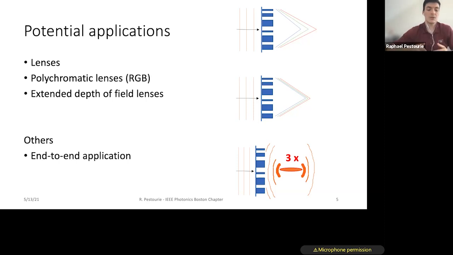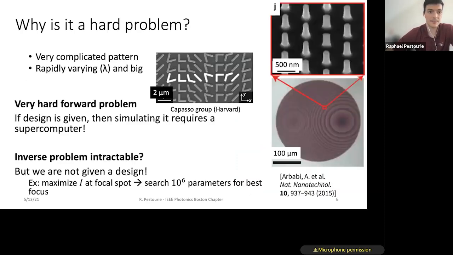More generally, you can add those devices as a component of a bigger system that may include post-processing. In that case, designing meta-optics together with the post-processing is called end-to-end optimization. I'm going to talk a little bit about it at the end of my talk.